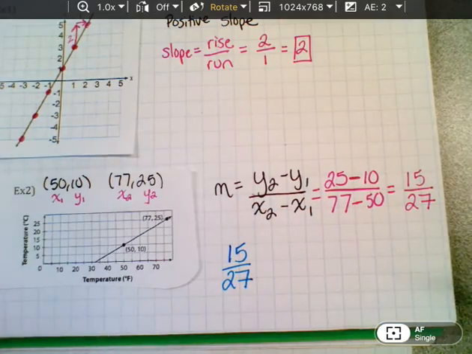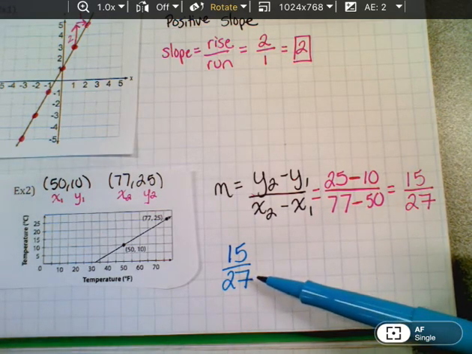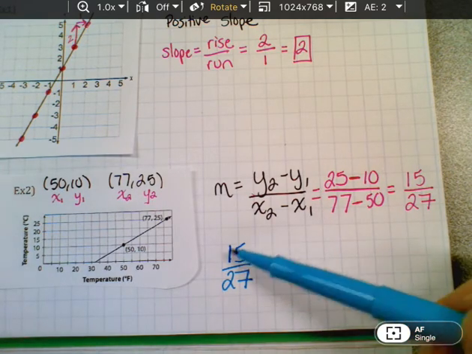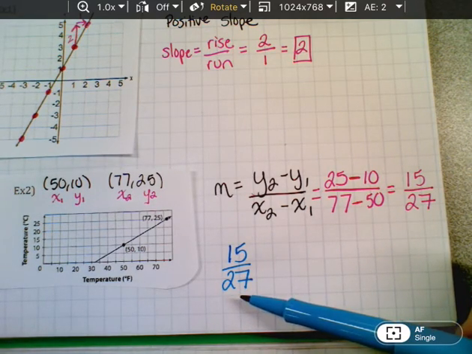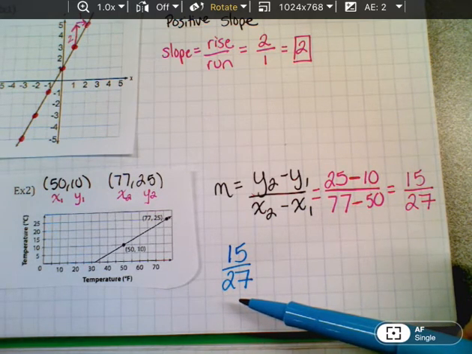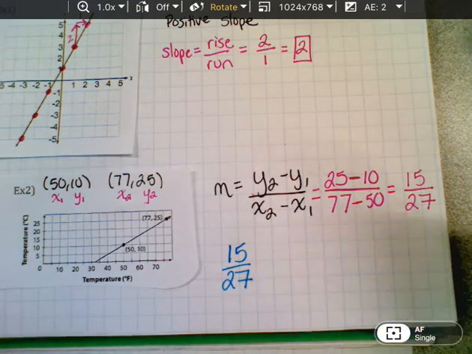You should be able to do this without a calculator, so we're going to practice it now. This slope can be reduced. I know that because I can think of a number that can go into 15 and 27. So take a minute to think, what number goes into 15 and 27? And maybe you figured out that it's 3.